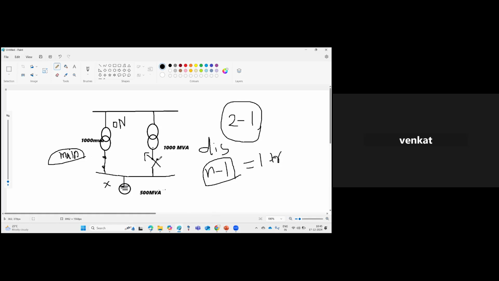And if I have 500 MVA here and 500 MVA here, one 500 MVA is not sufficient to run this 500 MVA load with margin, so I have to operate both transformers during normal operation itself. That is not an n-1 contingency.